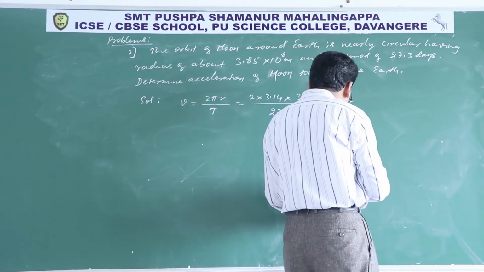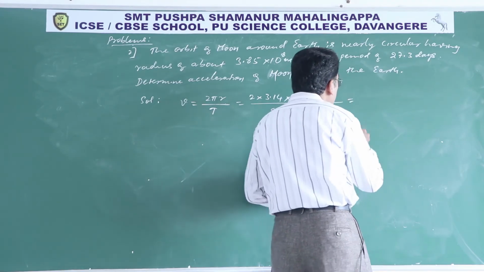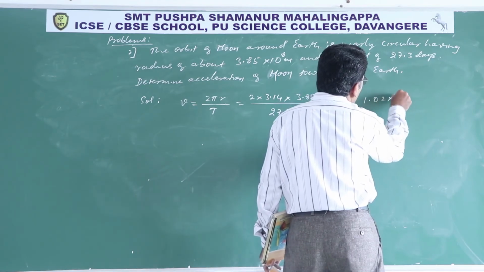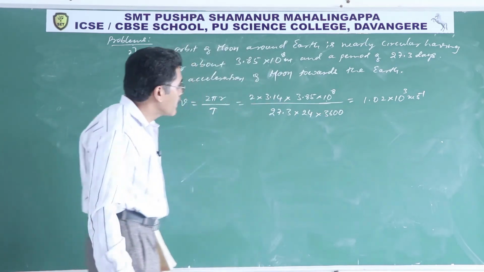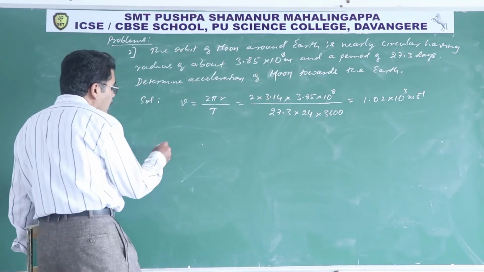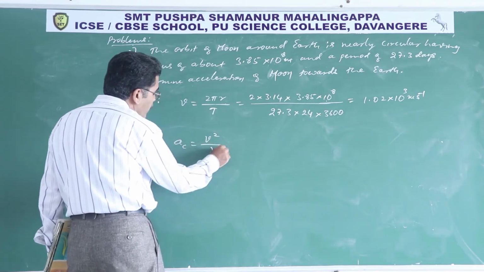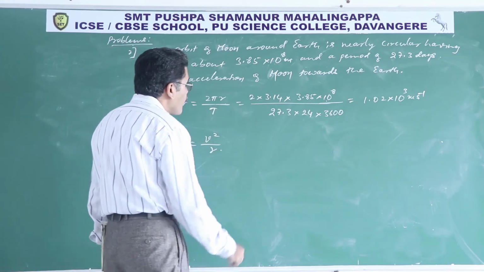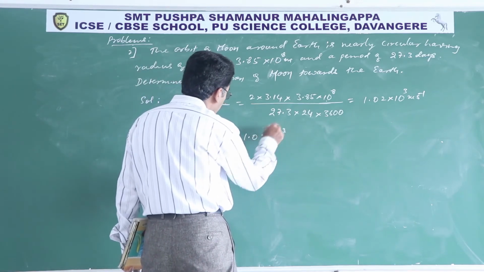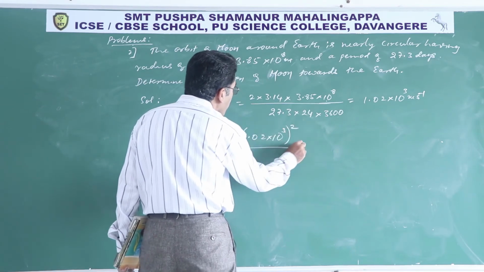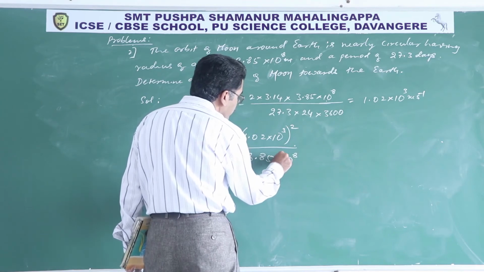See, on simplification you are going to get 1.02 × 10^3 meter per second. You please check this calculation. Then the centripetal acceleration is given by v square by r. v square is (1.02 × 10^3) whole square, divided by r, which is 3.85 × 10^8.